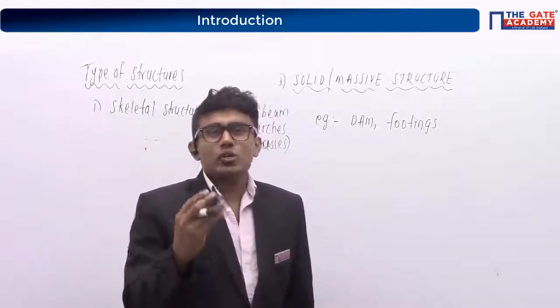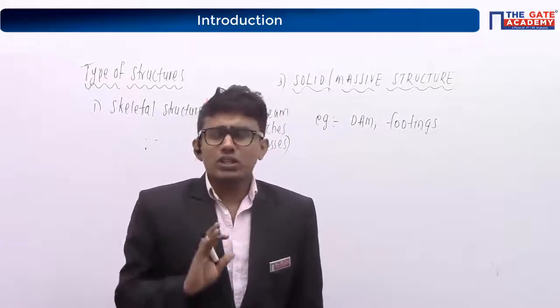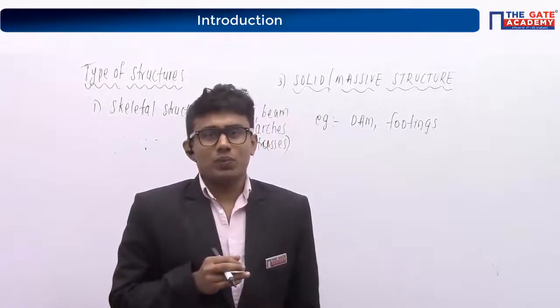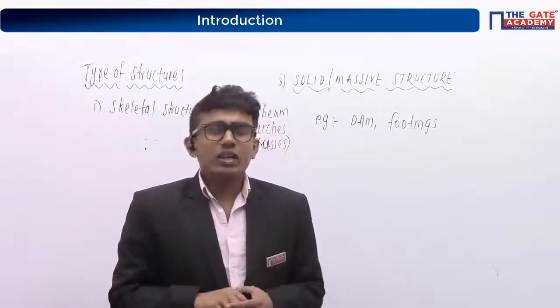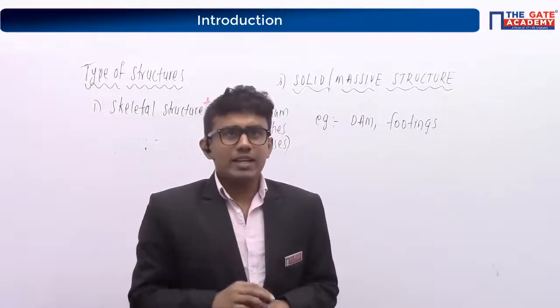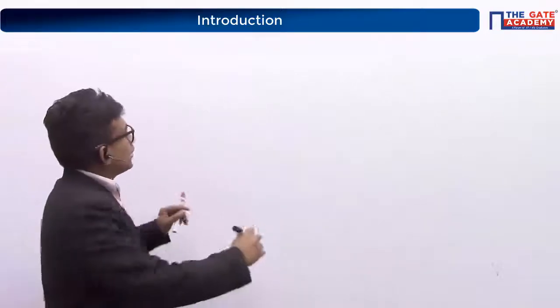We are not going to analyze surface structures, and we are not going for the analysis of solid structures. We will be discussing only skeletal structures. Got the point? I hope it's clear, right? Yes. So I'm taking our skeletal structures here.